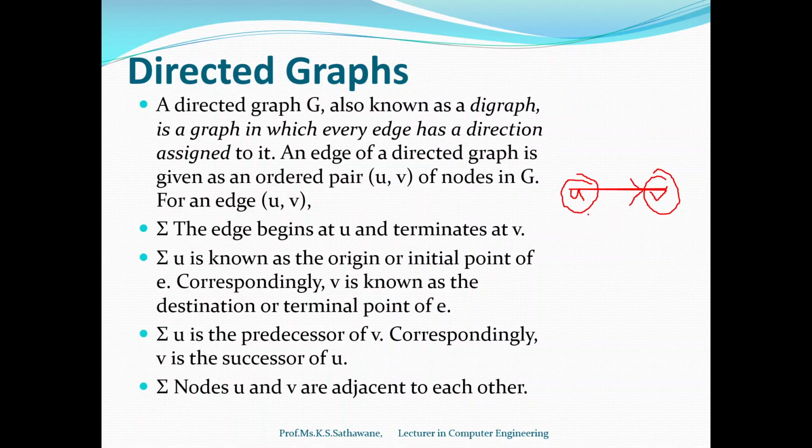So U is known as the origin or initial point of E. Correspondingly, V is known as the destination or terminal point of edge E. Okay. So U is the predecessor of V. Correspondingly, V is the successor of U. So nodes U and V are adjacent to each other.